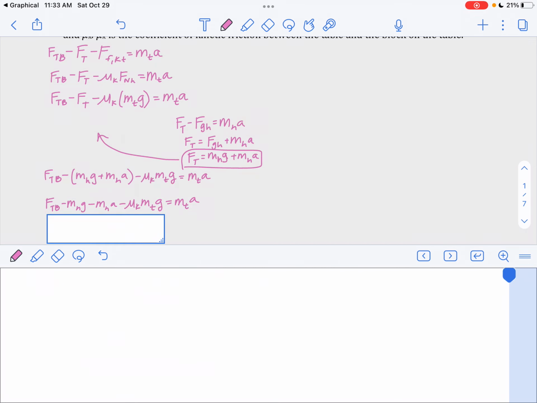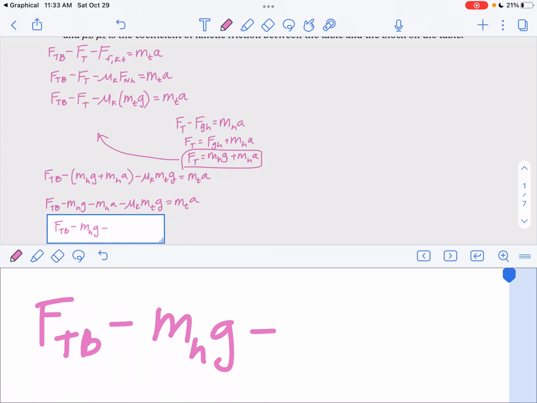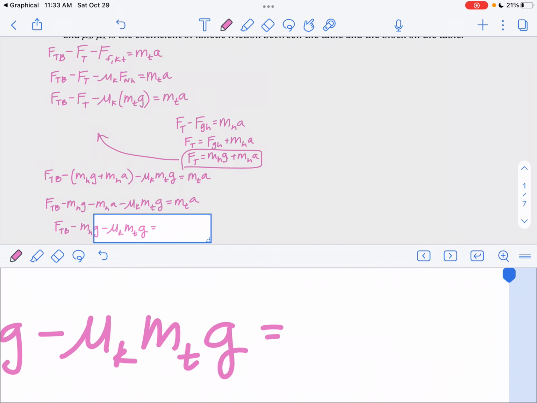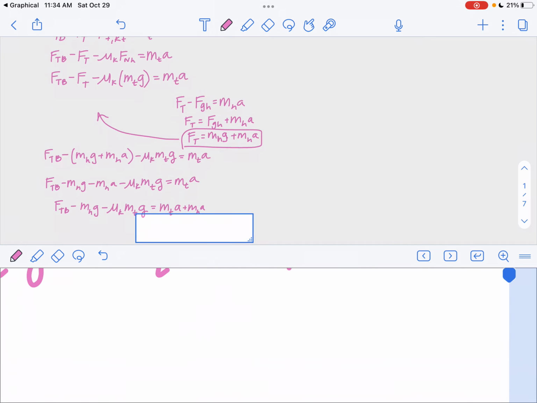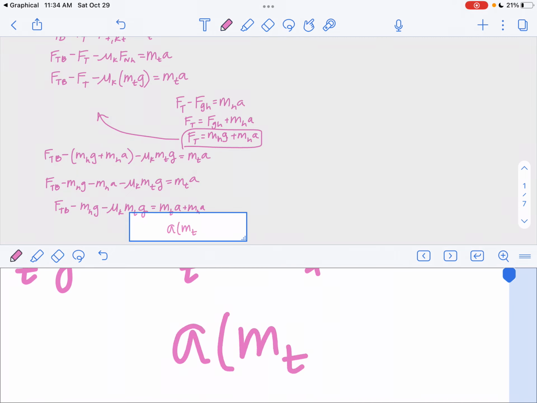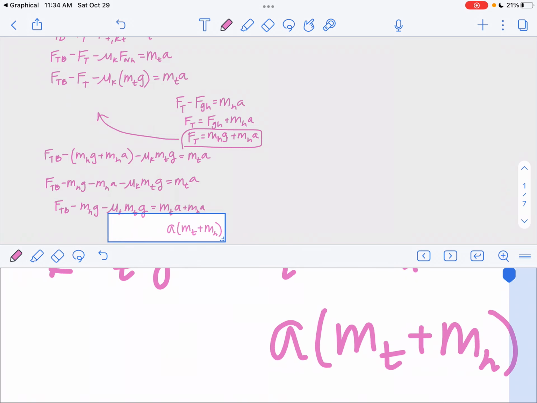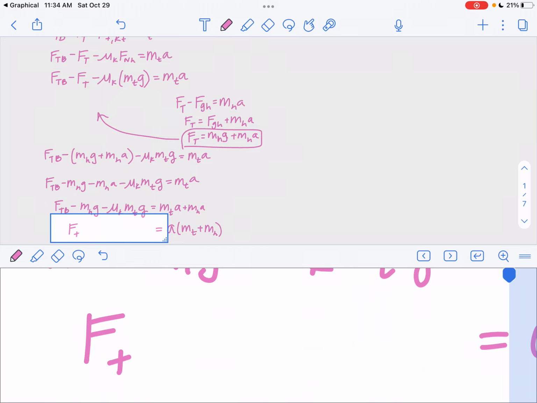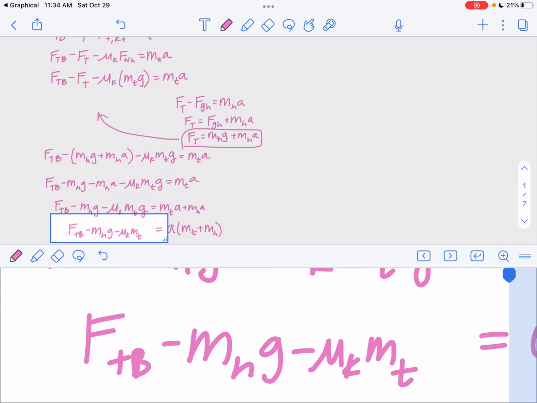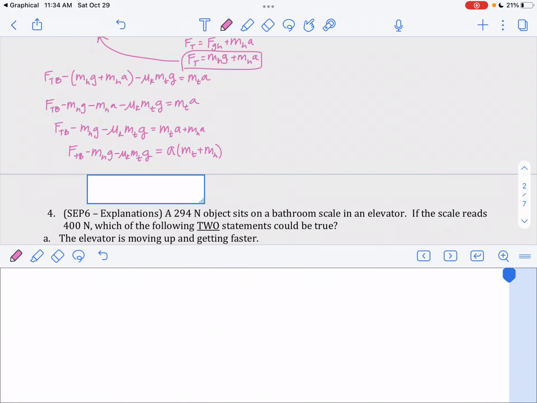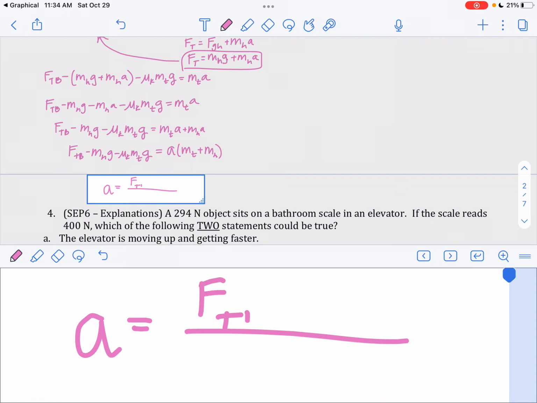So I'm going to add mha to both sides. And then I can factor out a, and then I can get my expression for acceleration.